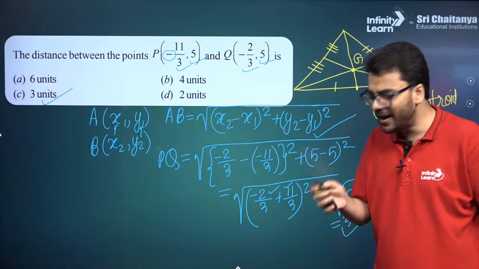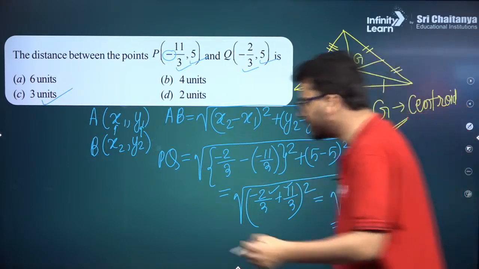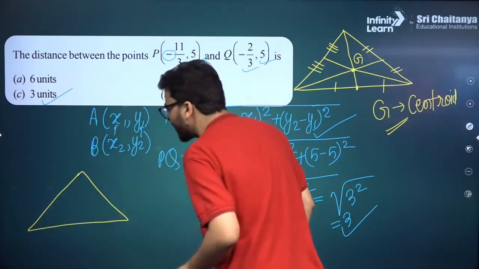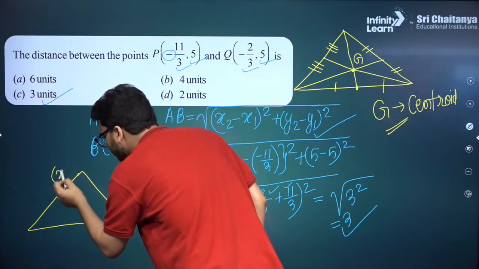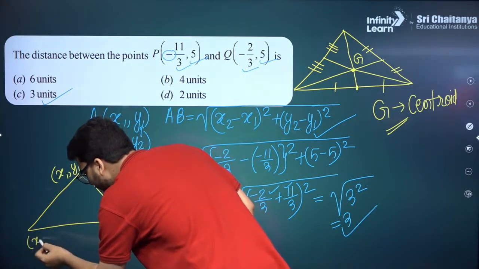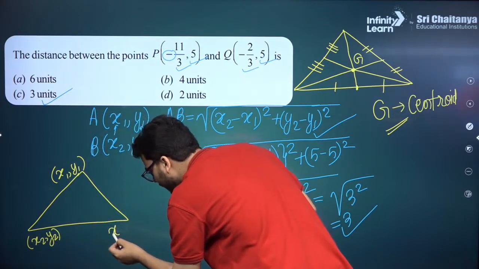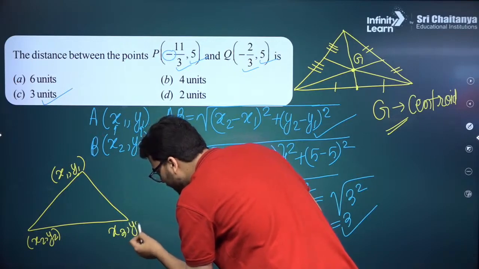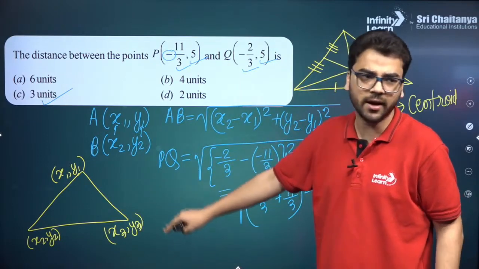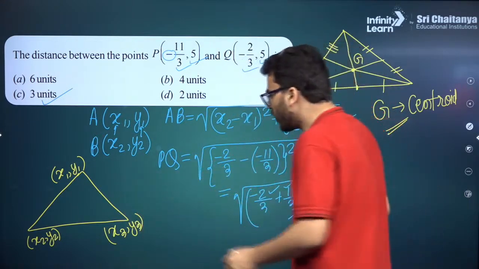Now, I explained this just to explain one formula to you. If you have any triangle, and suppose the coordinates of the vertices are given as x1 y1, x2 y2, x3 y3, you can find the coordinates of the centroid of that triangle. What is the formula?